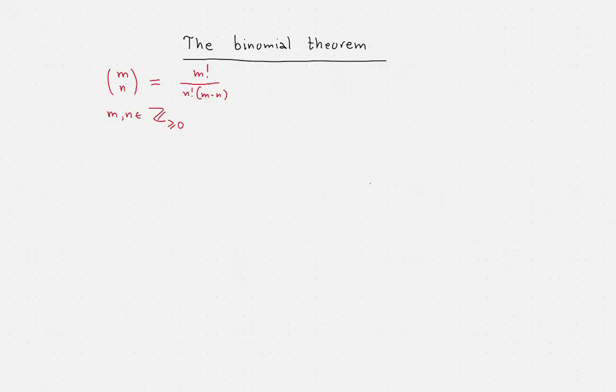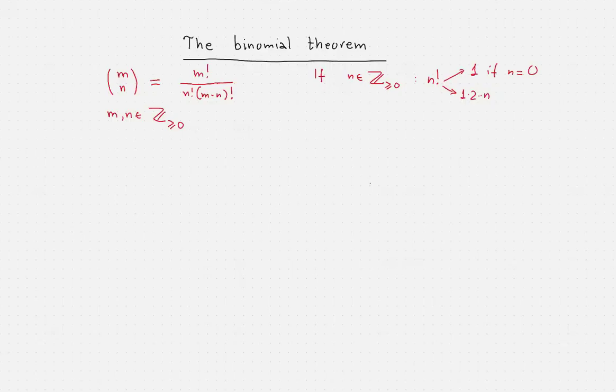So if n is a non-negative integer number, then we define n factorial to be equal to 1 if n is equal to 0, or to be equal to 1 times 2 times all the way to n if n is a natural number.